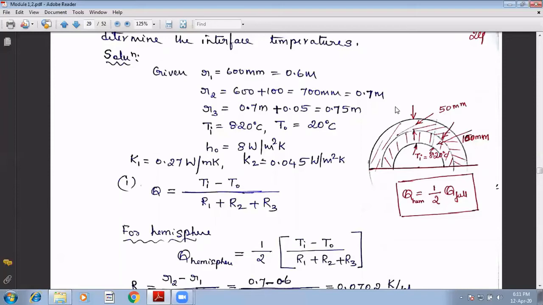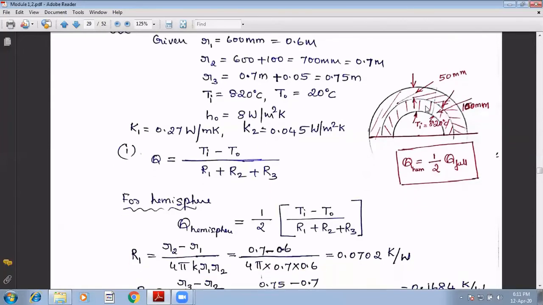Now, how many resistances are you getting here? One is out of this material, one more is out of this material, and one more is out of convection. So total 3 resistances, correct? One out of this material 100 mm thick, one out of 50 mm thick, and one out of convective resistance. So 3 resistances in total.